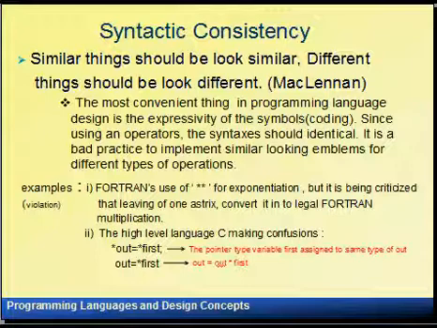The two examples we have presented to you. The first one is Fortran's use of the double asterisk notation. It is for exponentiation, but if by some mistake you remove one asterisk, it operates as a normal multiplication operation. The clear idea we can get from the high level language C. In the first example, there is a pointer assignment.